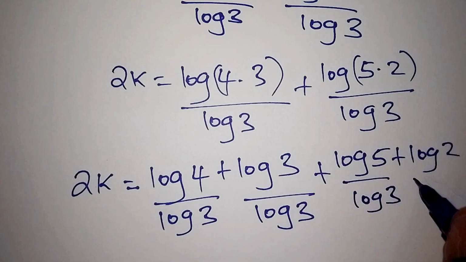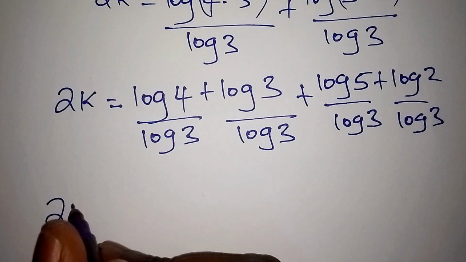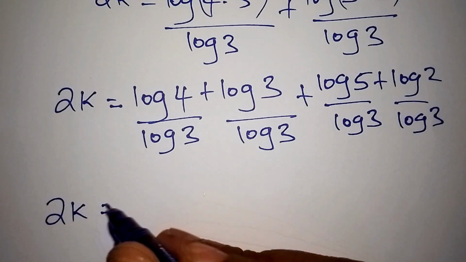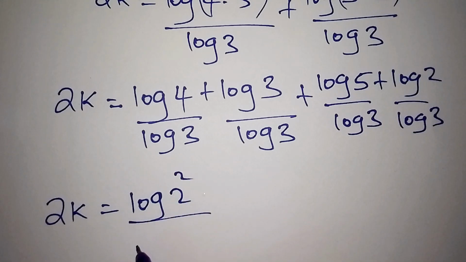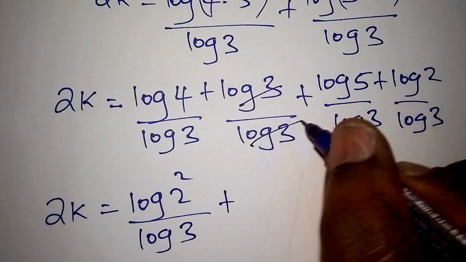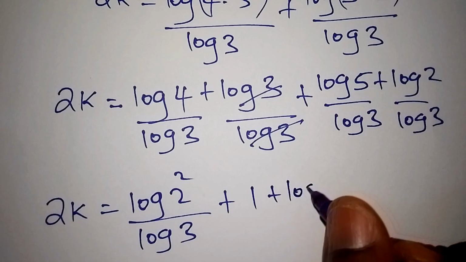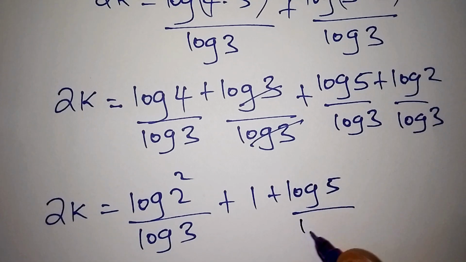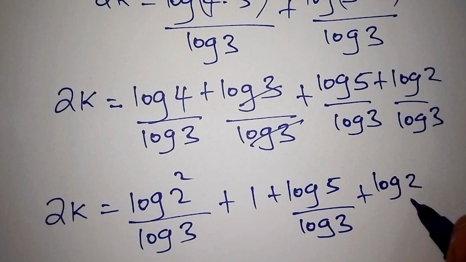Next, log 4 can be written as the log of 2 to the power of 2, all over the log of 3. Then log 3 and log 3 cancel, and we remain with 1, plus the log of 5 all over the log of 3, plus the log of 2 all over the log of 3.